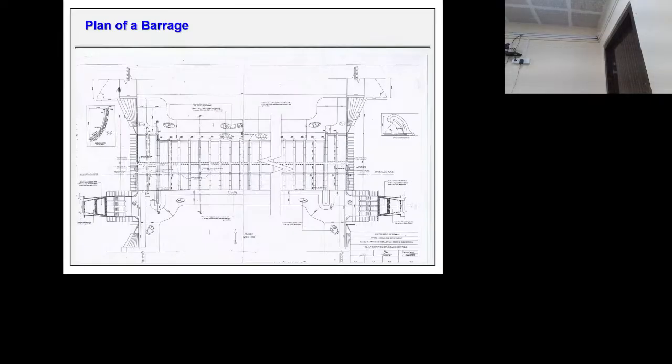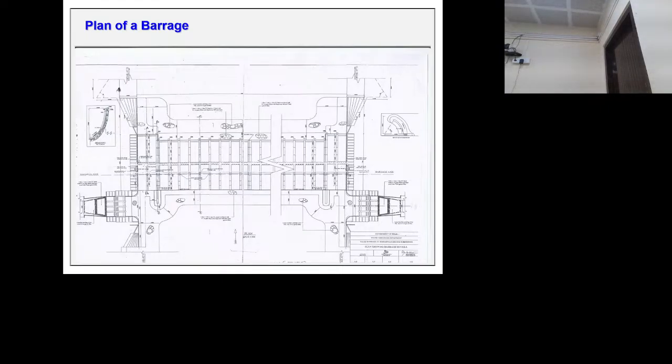So what is the use of this undersluice? These undersluices are used for flushing the silt, and lean period water flows from these barrels at drawdown level also.